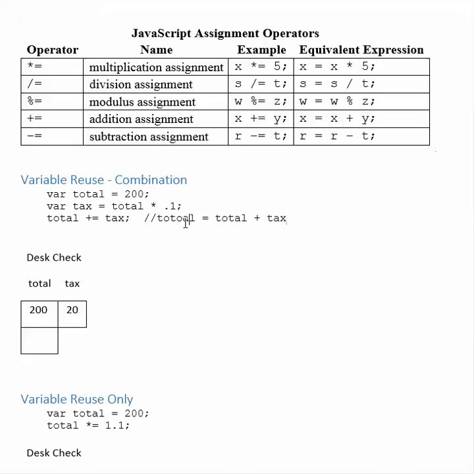So total is going to equal itself plus the tax. So 200 plus 20. So total now is going to be equal to 220. I think that's fairly straightforward.